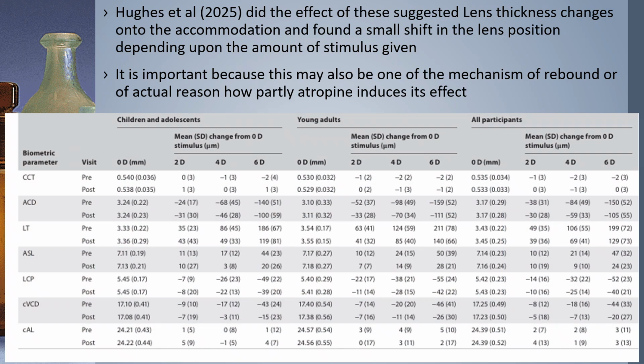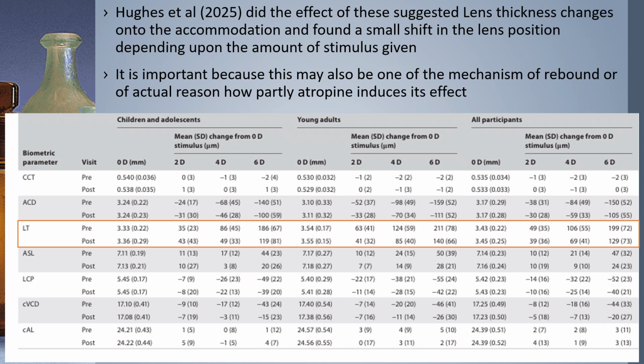Now what you have to see is the lens thickness, pre and post. There is a small change in children and adolescents; in fact, the lens thickness has slightly increased. But in young adults, it is almost equivocal, and almost equivocal here also.